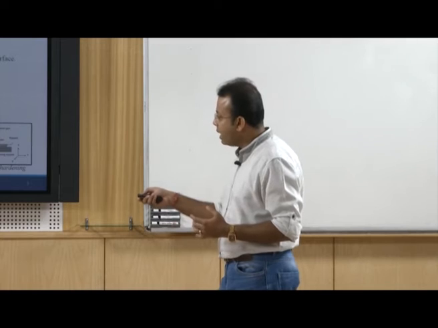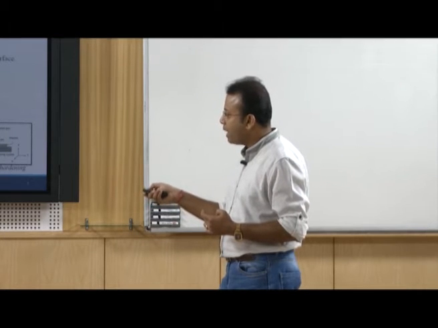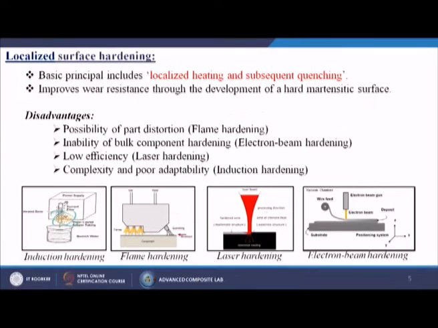In this case we generate an electromagnetic field, by which we increase the metal temperature. Here we directly hit the material with flame so that it is heated up. Here we use lasers to heat the material, and here we use an electron gun, an electron bombardment on the material, so that the temperature can be increased.